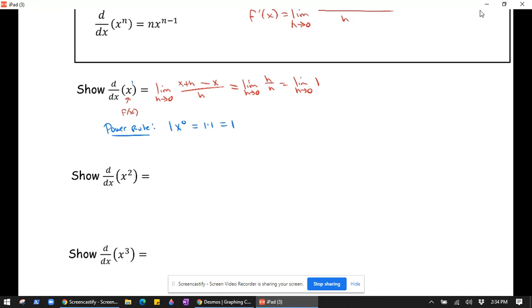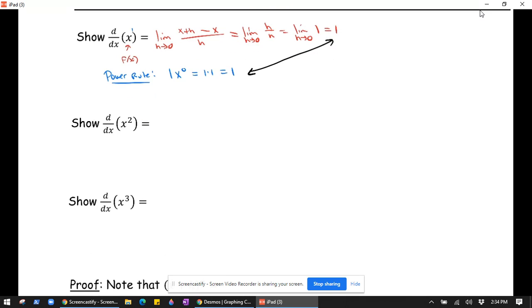And that agrees with what we got over here. The other way you can think of this is graphically. The graph of y equals f of x equals x is just a diagonal line through the origin with a slope of 1. So the derivative would be 1 everywhere because the slopes would be 1 everywhere.